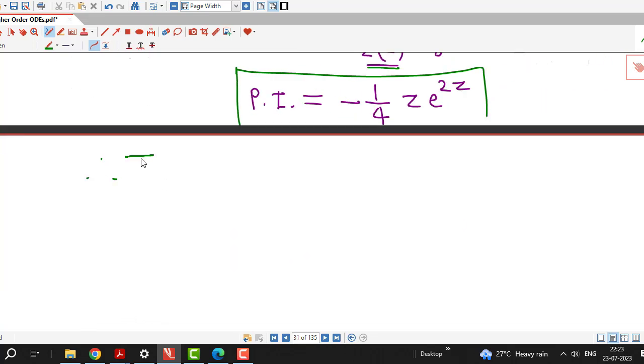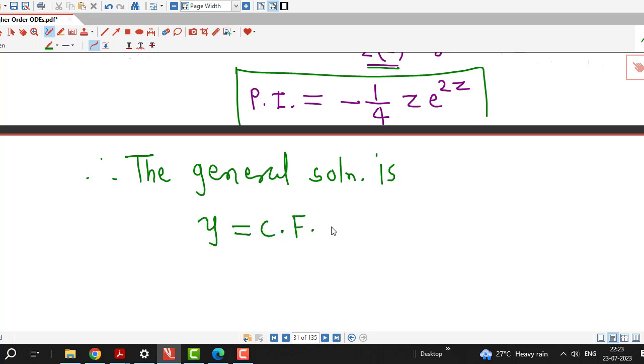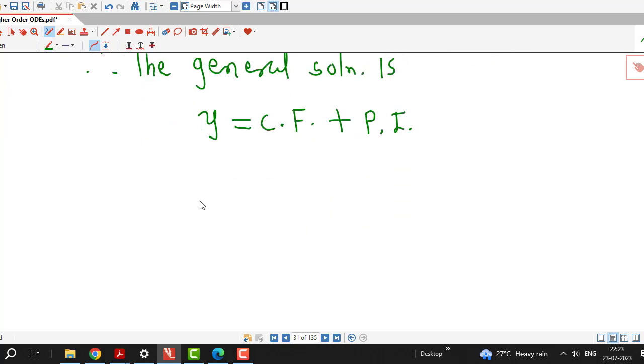And once we have both the complementary function and particular integral, we can write general solution by taking their addition. General solution is y equal to complementary function plus particular integral.